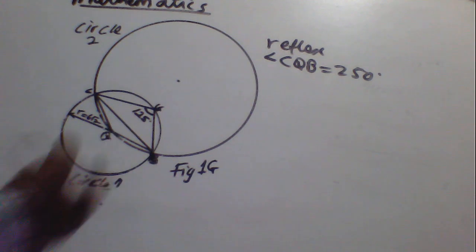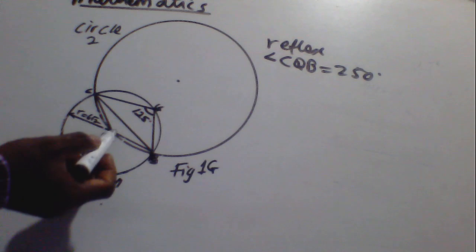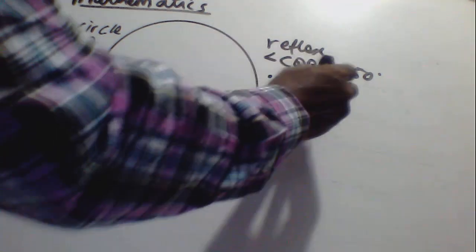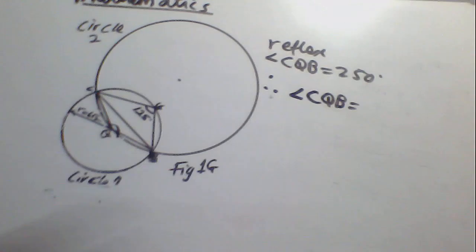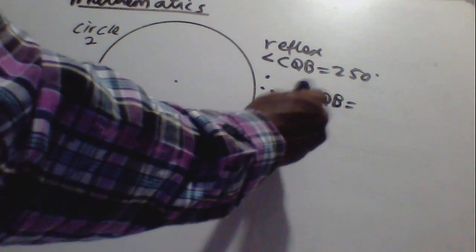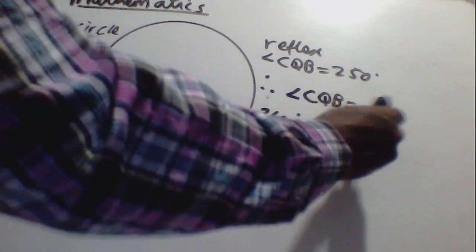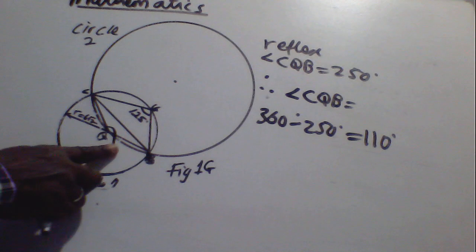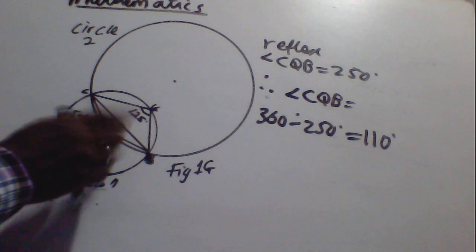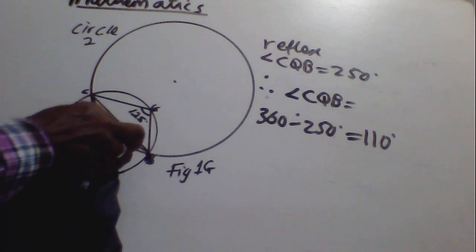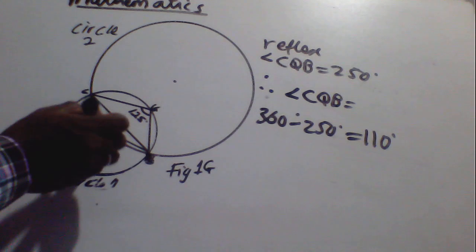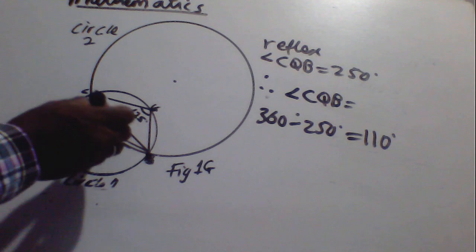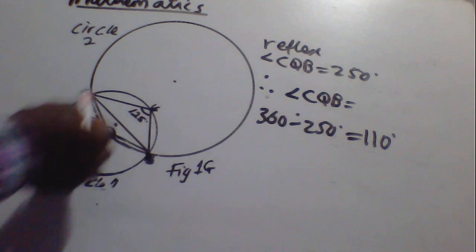The next thing is to get this angle. Therefore, angle CQB, not the reflex one now, is the same as 360 minus 250, and that gives us 110 degrees.